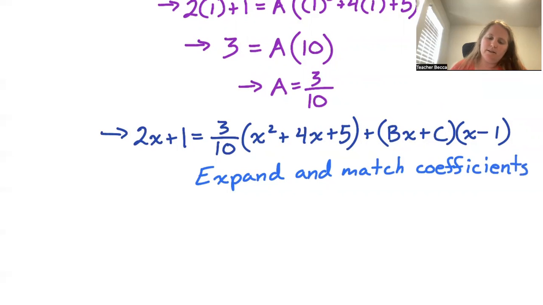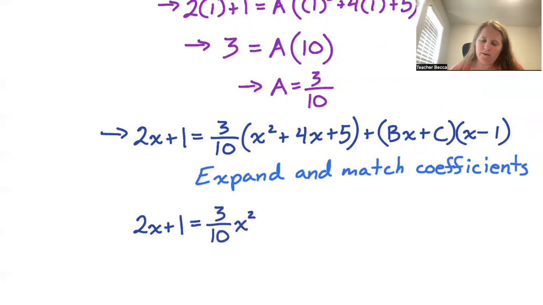So the left-hand side, we are still looking at 2x plus 1. On the right-hand side, we are looking at 3/10 x squared plus 6/5 x plus 3/2.